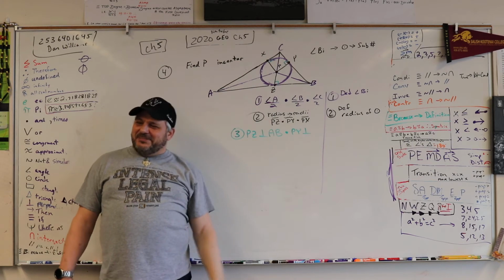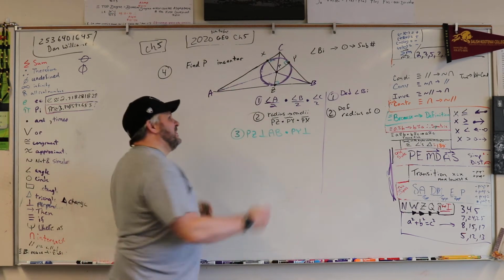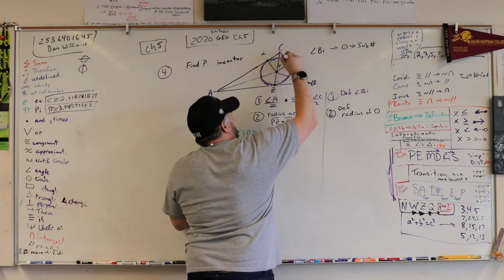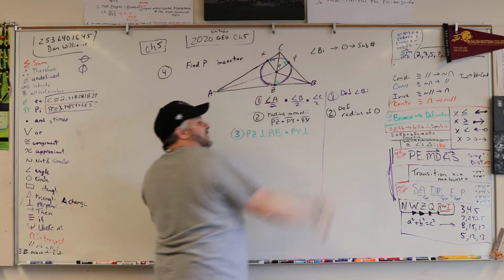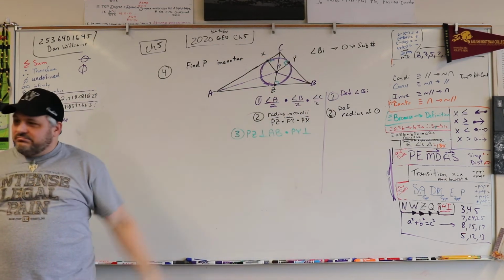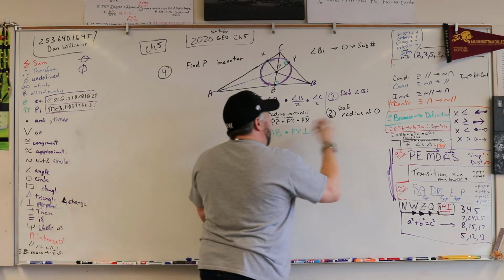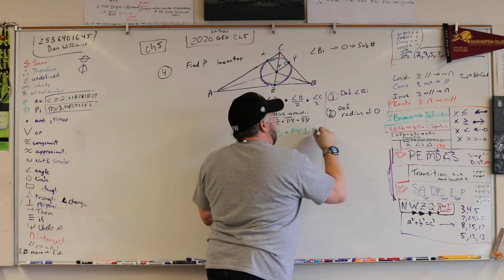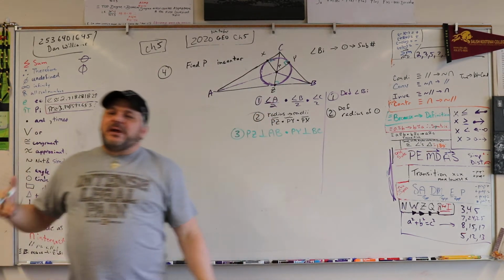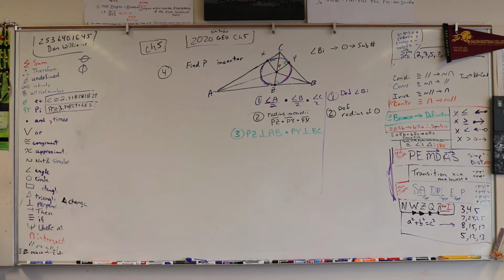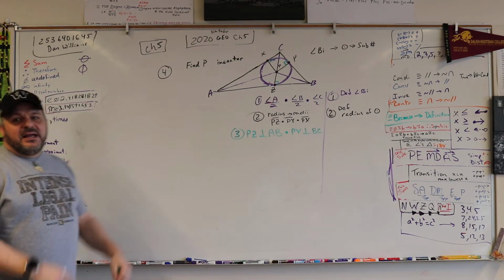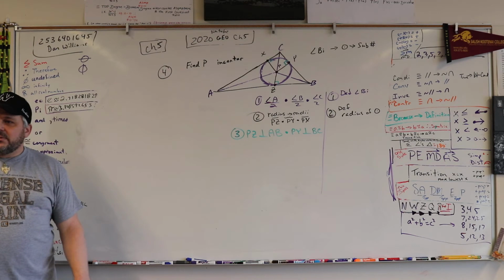Believe in yourself, people. PY is perpendicular to what segment? CB. Or BC, I don't care. A lot of times people like to write them in alphabetical order. If you want to write CB, cool. If you want to write BC, cool.